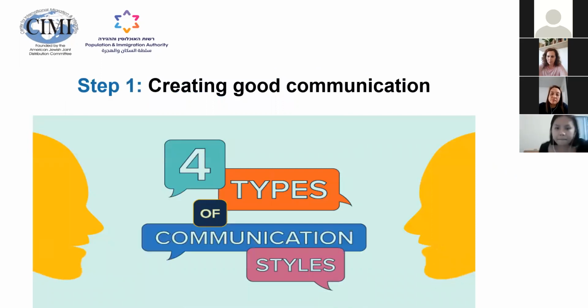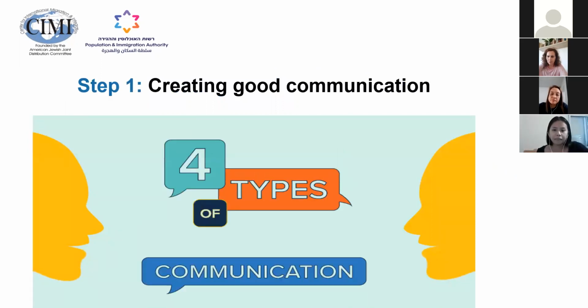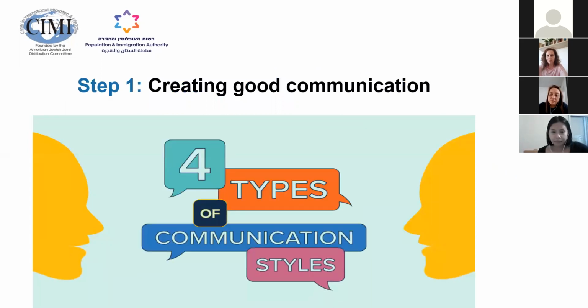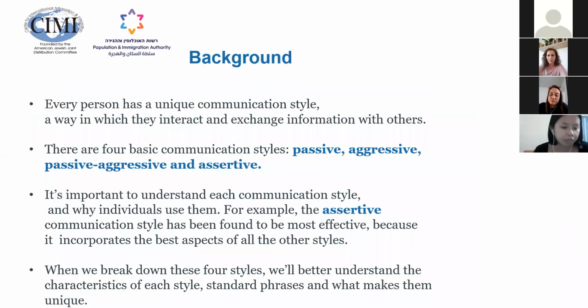So we tend to think that there's several ways to communicate, and we're going to talk about 4 different types of communication styles. Every person has a unique communication style, a way in which they interact and exchange information with others. There are 4 basic communication styles: passive, aggressive, passive-aggressive, and assertive.